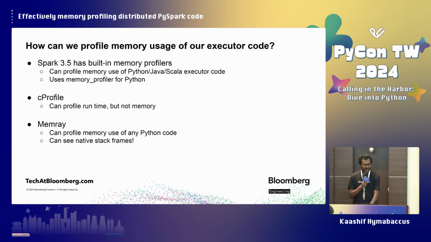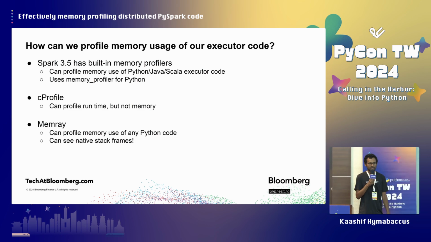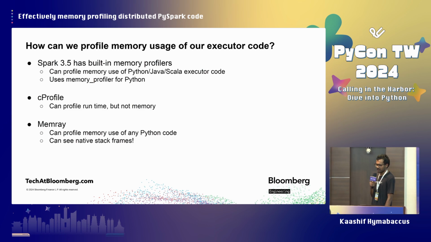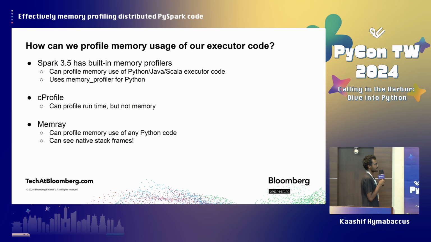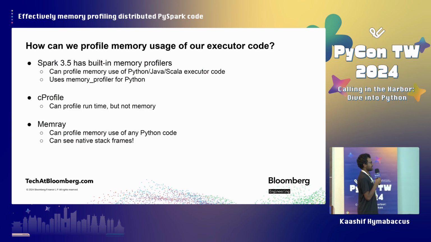Let's take a look. If we're running code in executors, it's kind of non-obvious how you profile that, because if you profile the driver using Memray, you'll only profile the driver code, and there is other Python code running out there that's not in the driver. So that won't work naively.